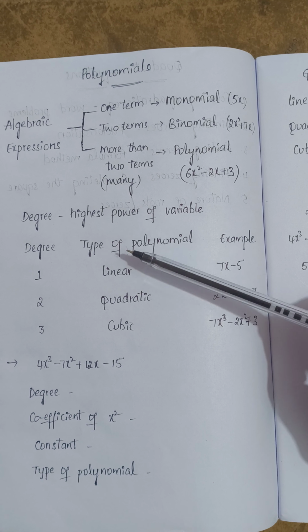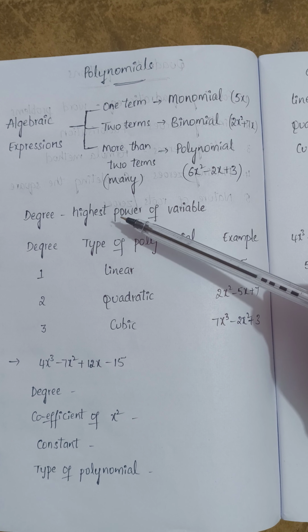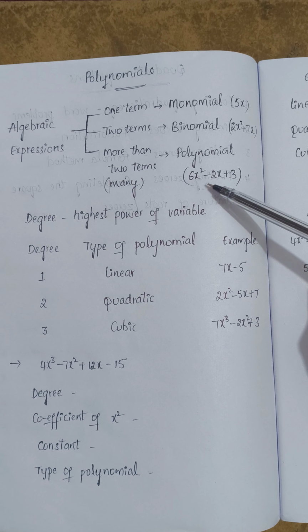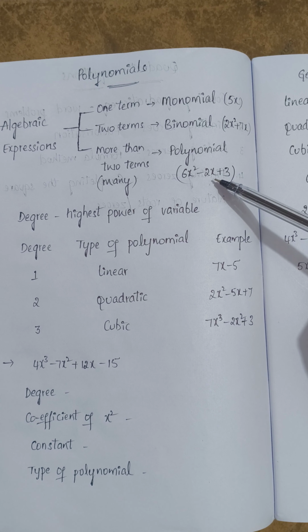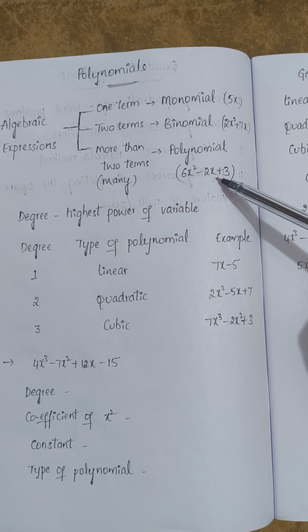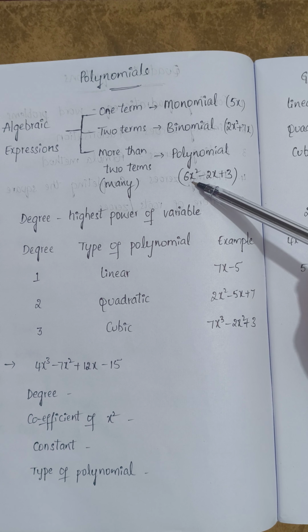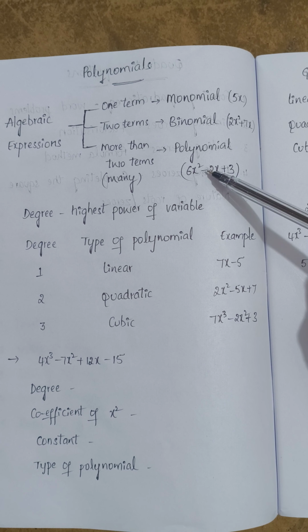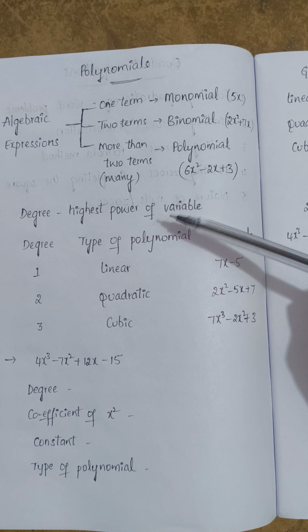Now there is another concept called degree, which talks about the highest power of the variable. See here in this equation, x is the variable. What is the highest power that it has got? Here the power of x is 1, here the power of x is 2. So 2 is the degree of this polynomial. Based on this degree, we have types of polynomials.